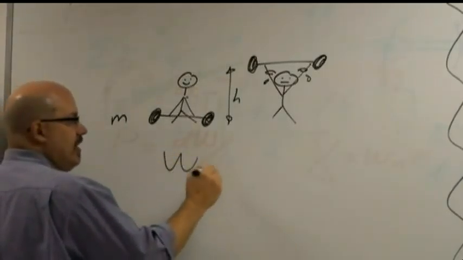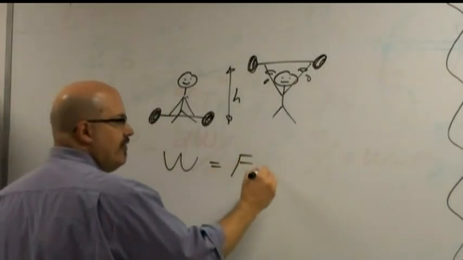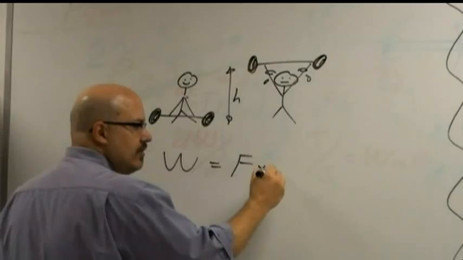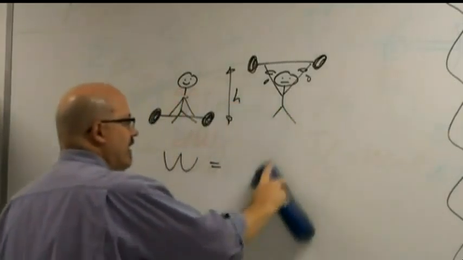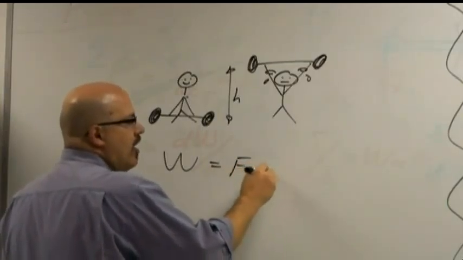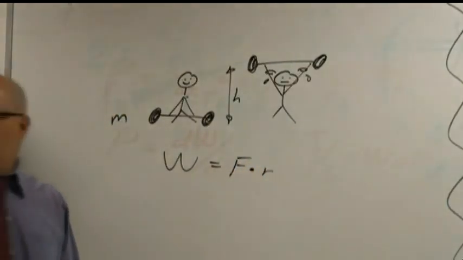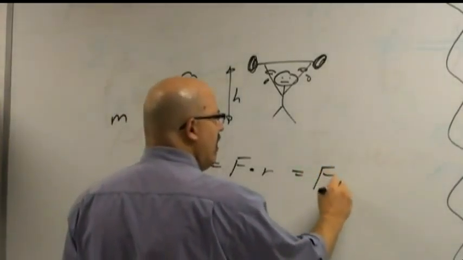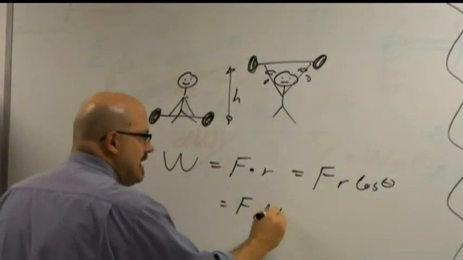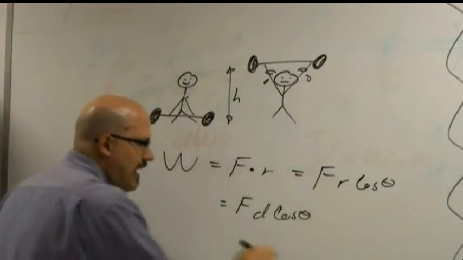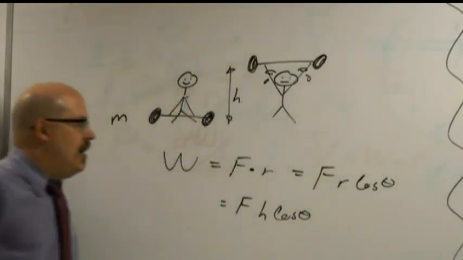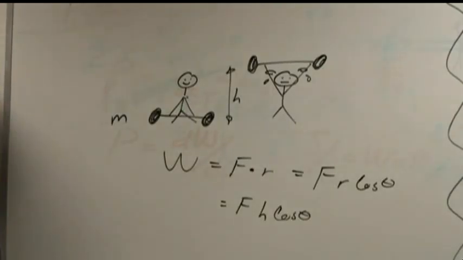The work that's done by you is equal to F dot d, or F dot r, it's F r cosine theta, but for us it's going to be F h cosine theta. What force do we have to apply to lift it?